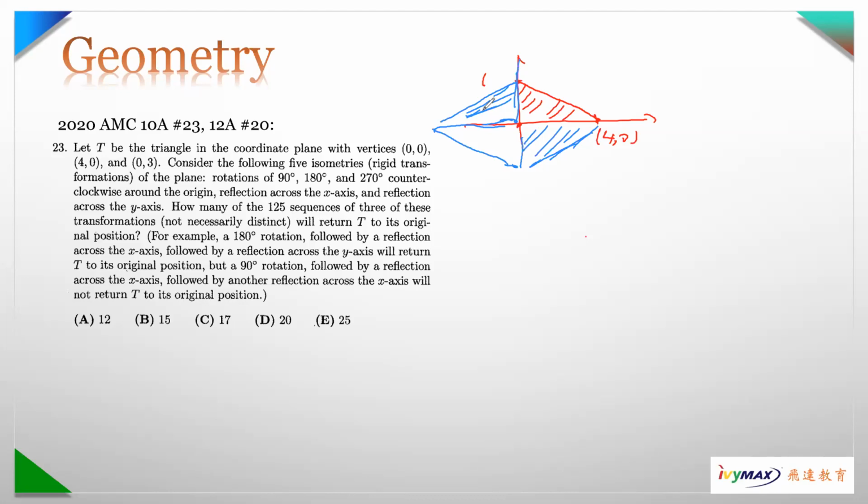Let's try some examples if you're still stuck, just like the example shown here. Let's say the initial triangle is the red one.